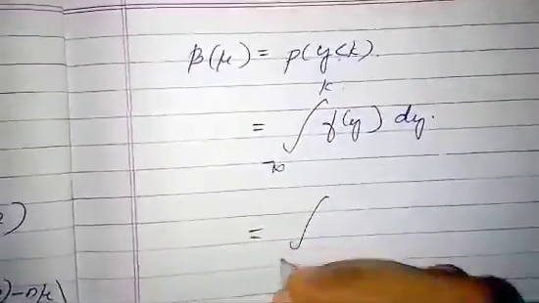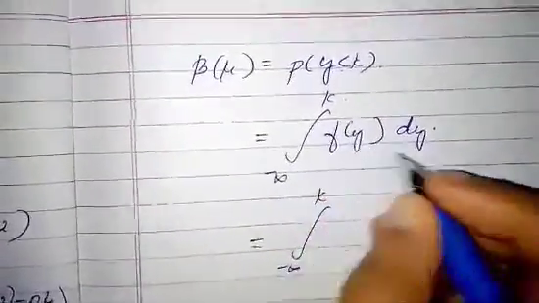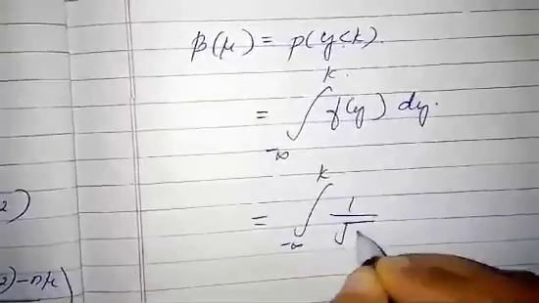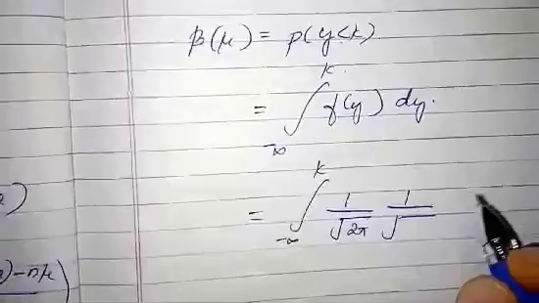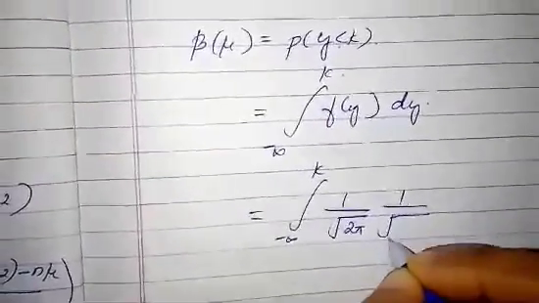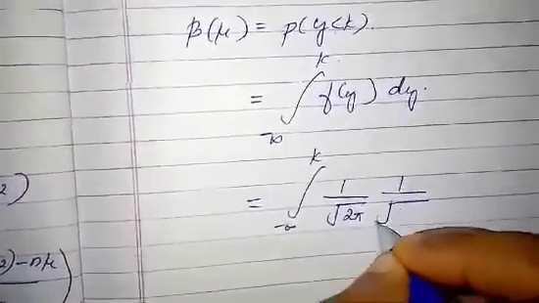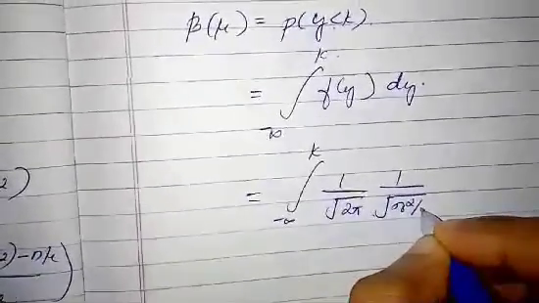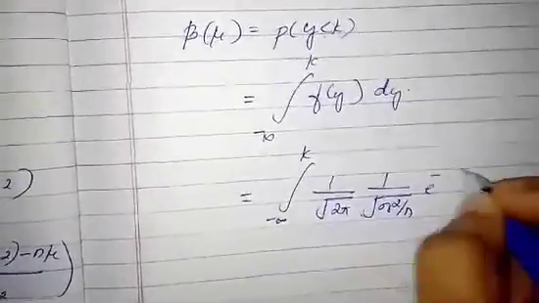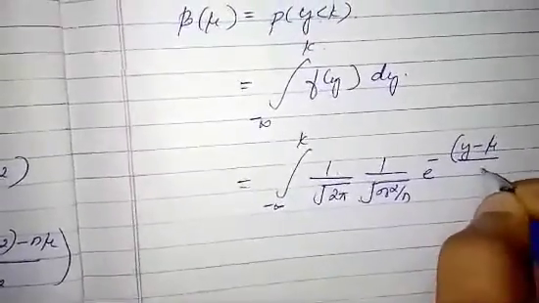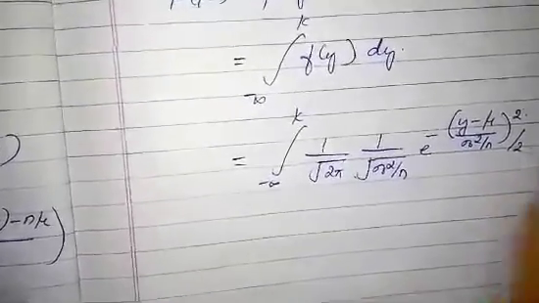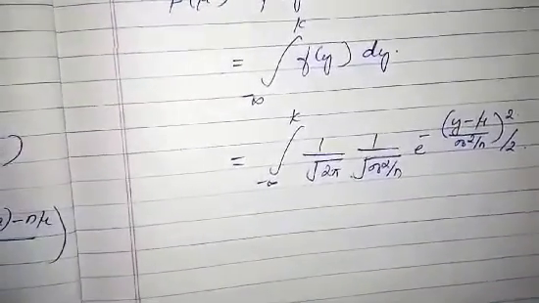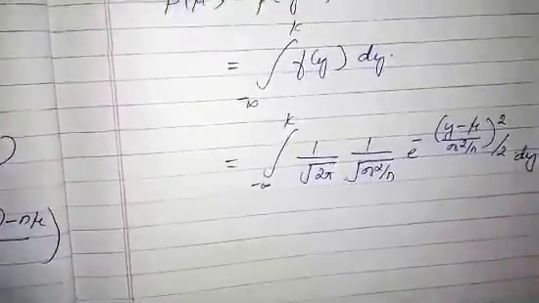Here, from minus infinity to k, f of y equal to 1 by square root of 2 pi, 1 by square root of, here variance is sigma naught square divided by n. Then standard deviation is square root of sigma naught square divided by n, and e power minus y minus mu divided by square root of sigma naught square divided by n whole squared, divided by 2, into dy.